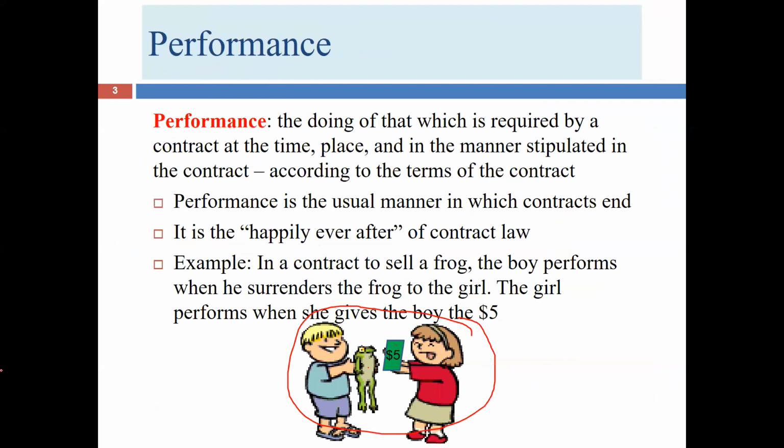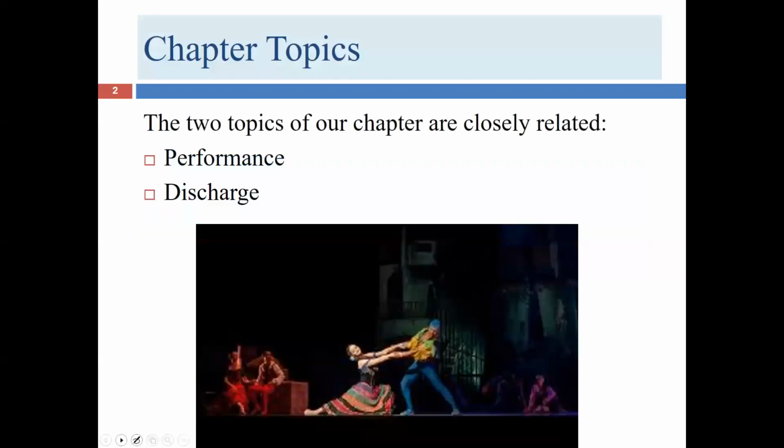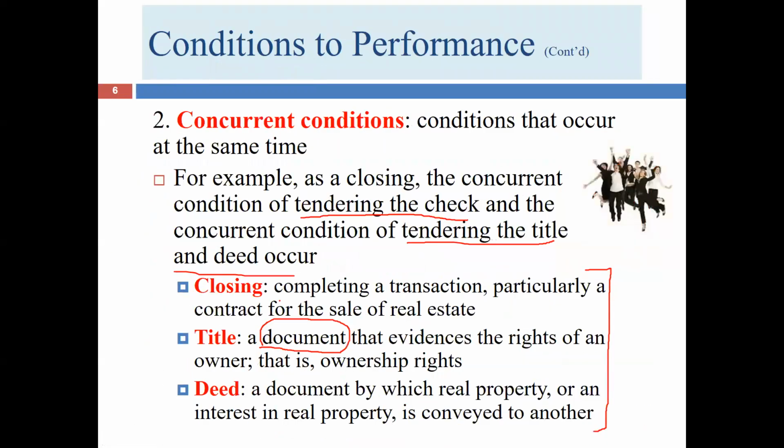But let's consider a different scenario. Bobby and Sally show up. Bobby has the frog. He shows the frog to Sally, and Bobby goes, I'm ready to give you the frog if you just have your $5 ready. And Sally goes, I don't have the $5. Well, it is their understanding of the contract that it's a concurrent contract. They're both supposed to do it at the same time.